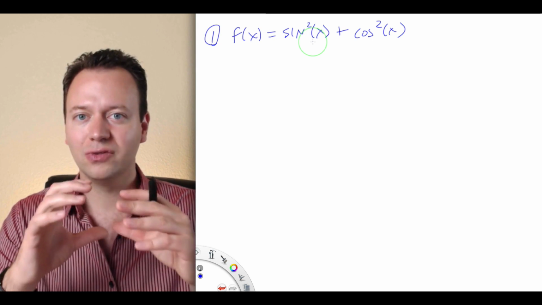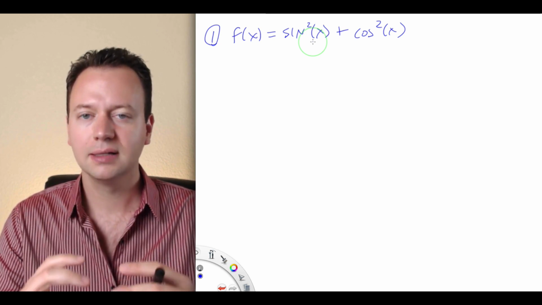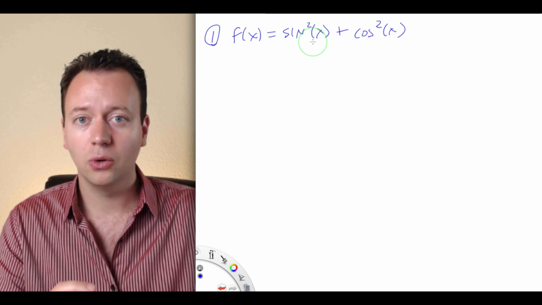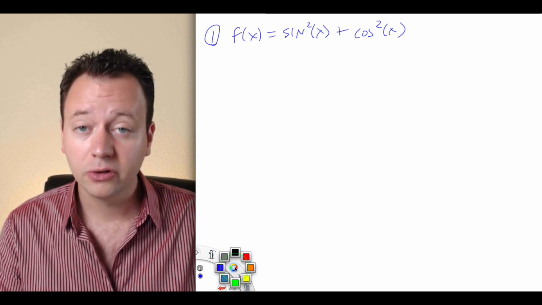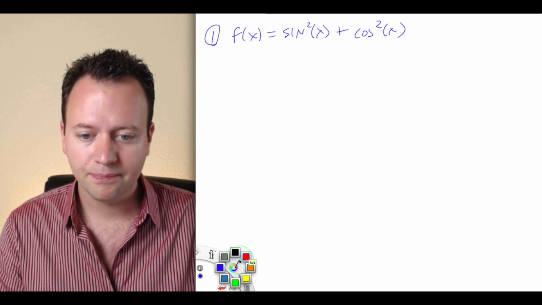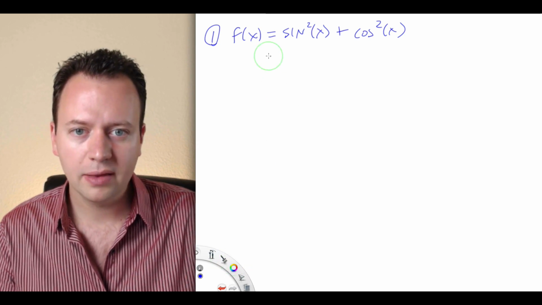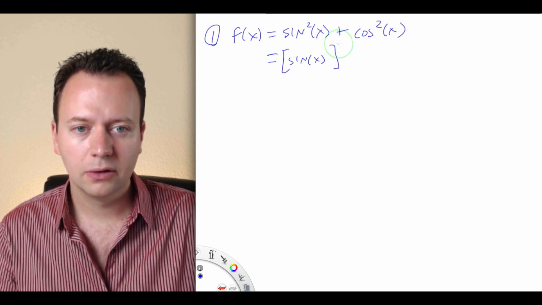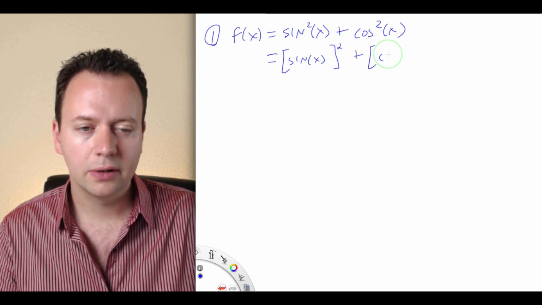So we have to think of sine of x as being in a box, and we have box squared. The 2 comes down, we get 2 box to the 1, and then we multiply by the derivative of the inside. So we can rewrite this as sine of x squared plus cosine of x squared.